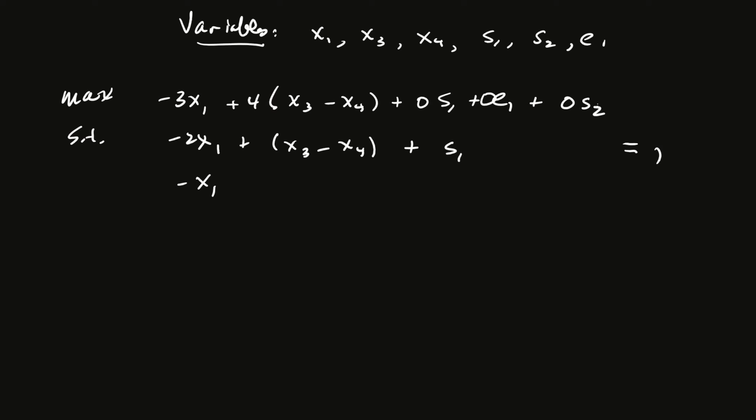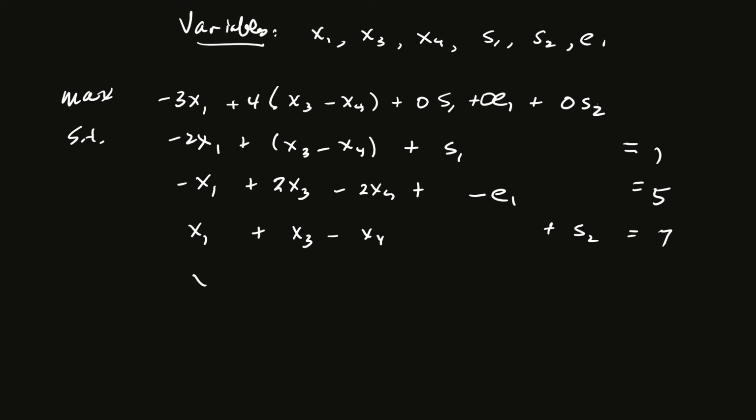Minus x1 plus 2x2, so that's going to be 2x3 minus 2x4 plus 0 s1, oh wait a minute, this is our excess variable, that's minus e1 equals 5. And then our last one, x1 plus x2, which is x3 minus x4, plus s2 is equal to 7.